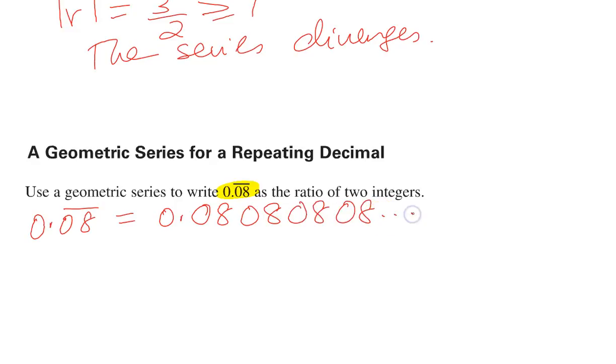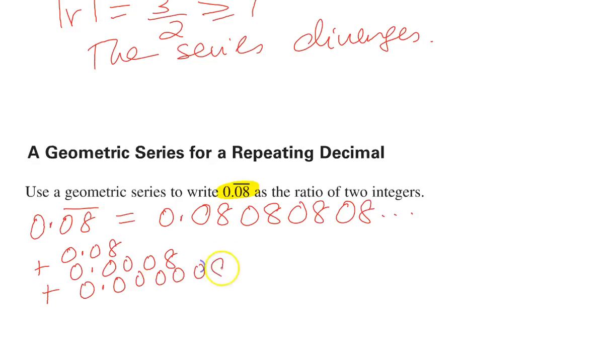It's going on like that indefinitely. Okay, how can we generate this? By adding numbers. Let's start with 0.08. To that add 0.0008. To that add 0.000008. So on and so forth, so that you can keep on generating that list.